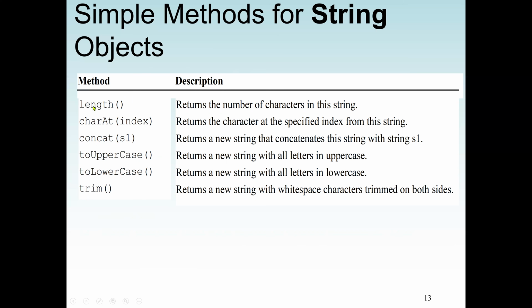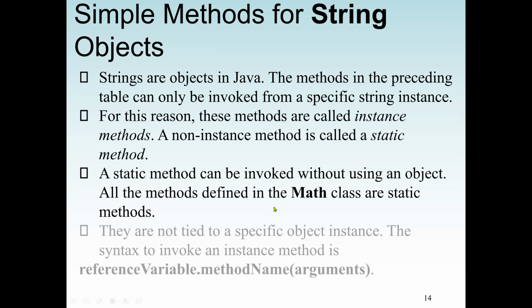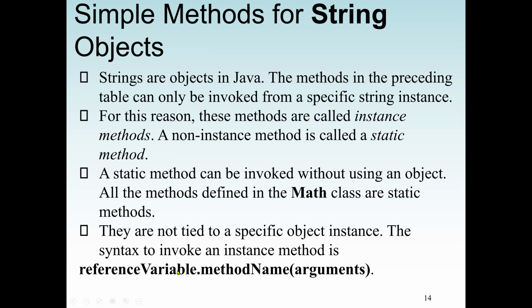But if I want to find the length, which is the number of characters in the string, which is an object, I will use the object name dot length. I will not put the string content or the variable as an argument, because it's an object. I would say the best name is an object. So that's what we have here: the reference variable, which is an object, dot the method name, and whatever arguments you have.